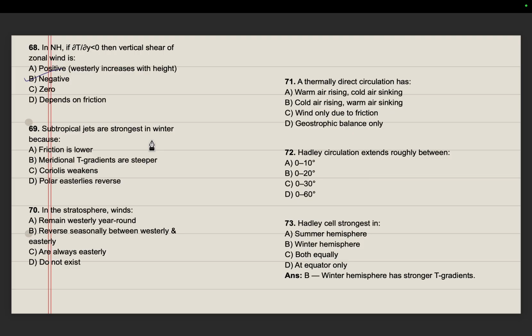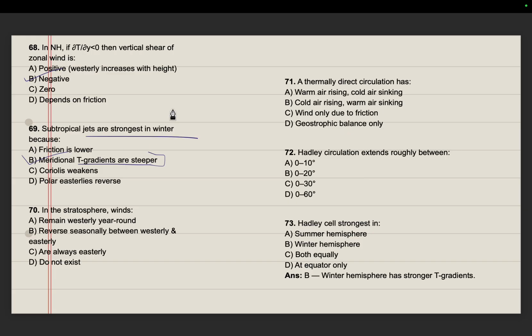Question 69. The subtropical jet is strongest in the winter because friction is lower, meridional temperature gradients are steeper, Coriolis weakens, or polar easterlies. Option B, yes, the steeper meridional temperature gradient is the main cause for the subtropical jet to be stronger in winter.